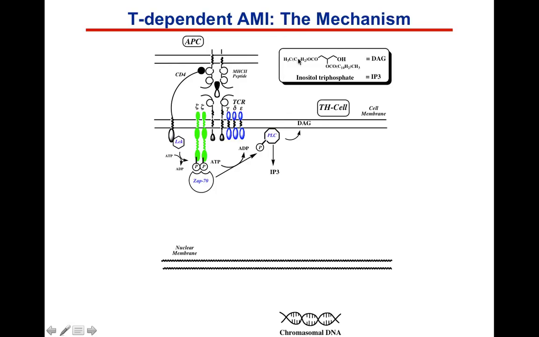One part is DAG, diacylglycerol, which is right up here, and then it takes the head group off, which is inositol triphosphate, IP3. It splits that off, and IP3 has the ability to activate release of intracellular stores of calcium, Ca2+.